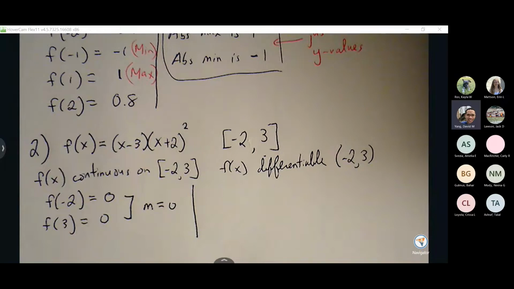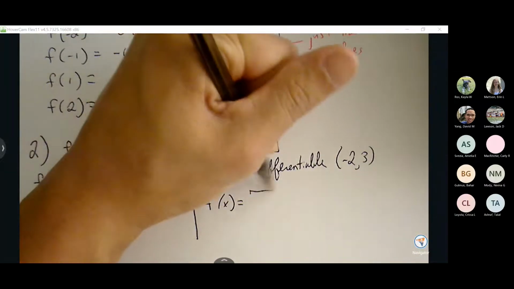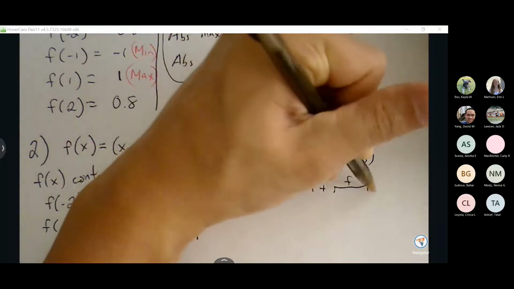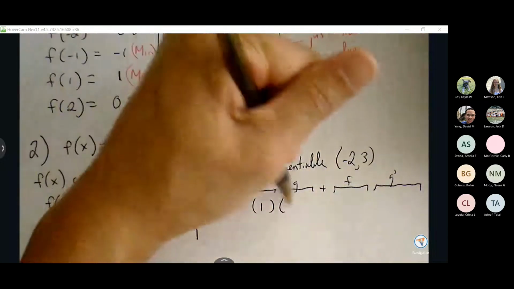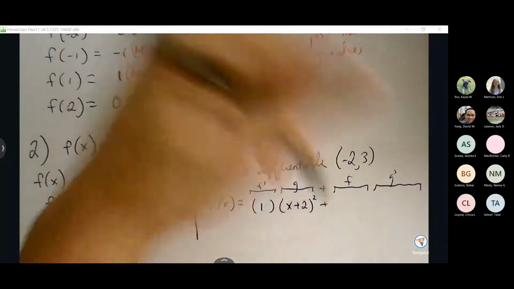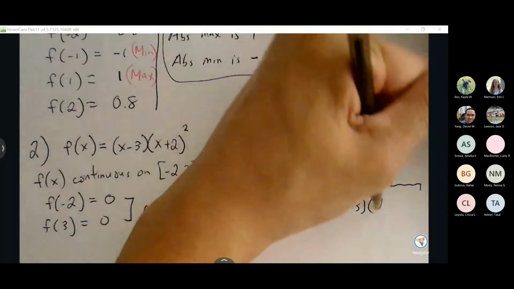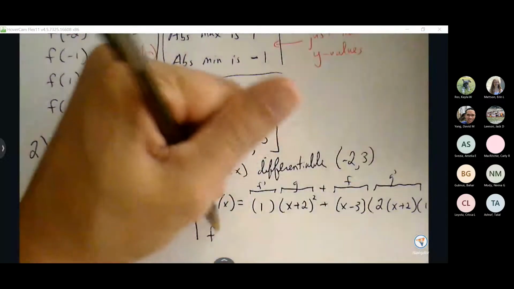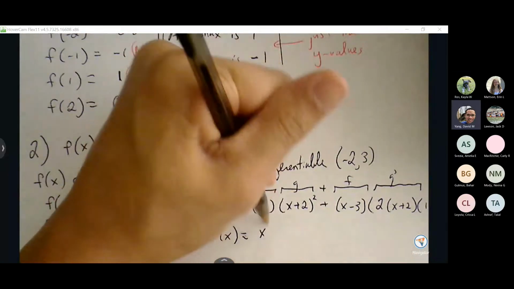You'll get the same result as going through product rule. Okay, if I FOIL all this out here, x plus 2 times x plus 2.